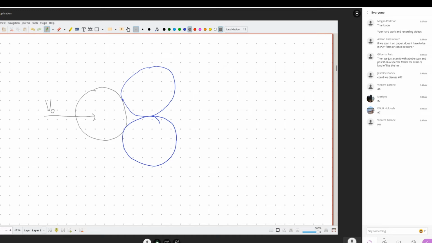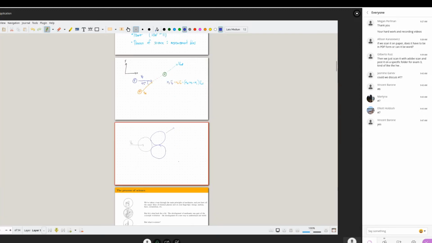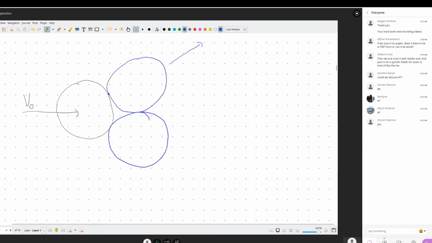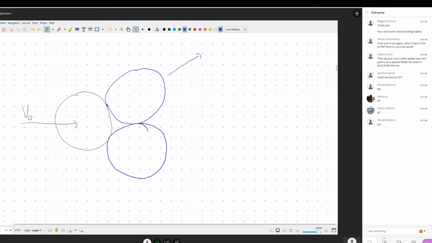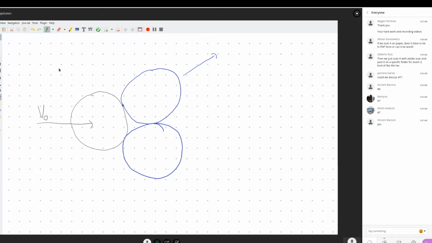And then after the collision, all three of them go in different directions. So these two are going to go out. I know why I keep palming my touchscreen. Let me fix this. There we go.